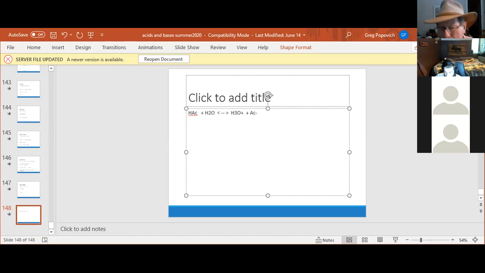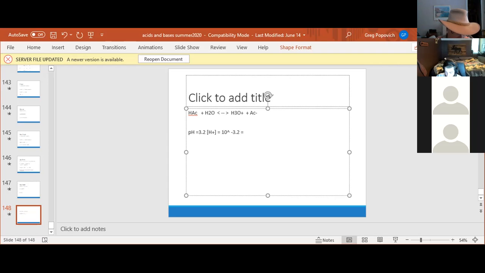All right. If I'm going to do my ICE diagram, the first thing I'm going to do is note that my pH is equal to 3.2, correct? So my H+ is equal to 10 raised to the negative 3.2, correct?